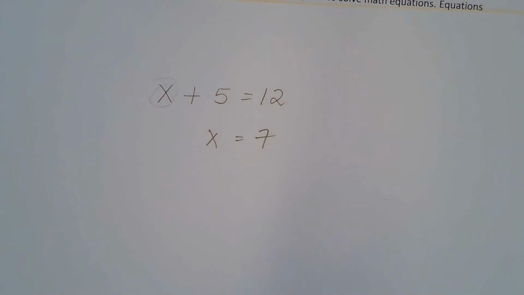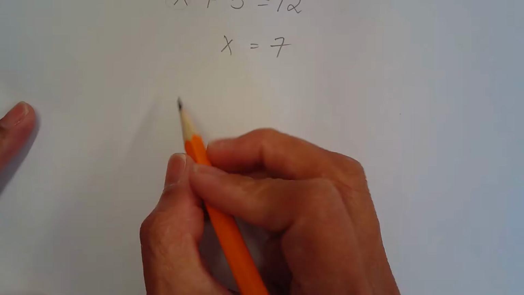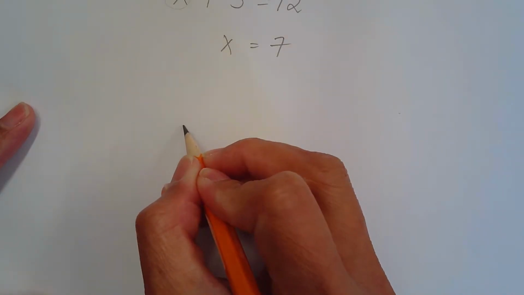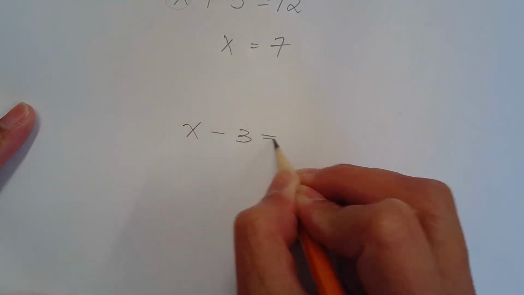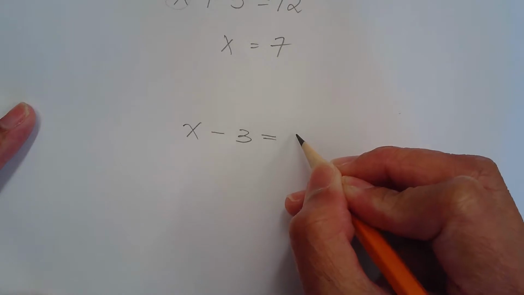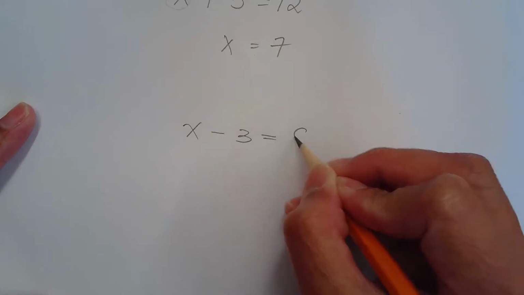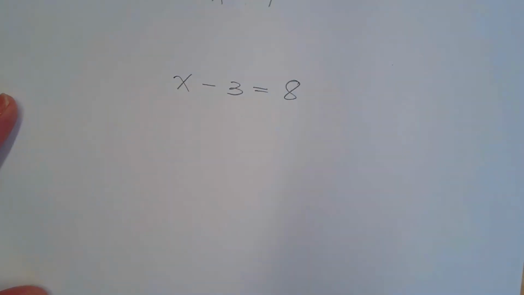Awesome. Okay, now let's try this one. How would you answer that question? Something, and then you take away 3 will give us an 8.